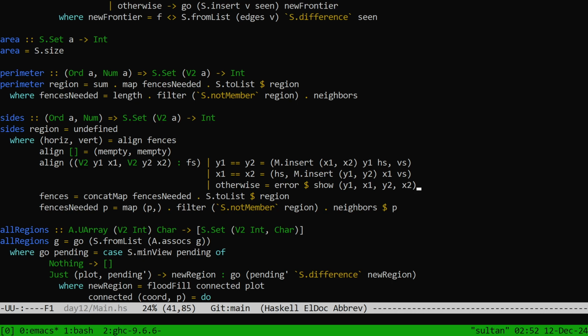Okay, so I think this is the idea. When we're aligning... Oh, and this is... I see. This whole thing is a fold map. Where we're accumulating a tuple, and at each step, yeah. Okay, let's write it that way. It's a little bit more clear.